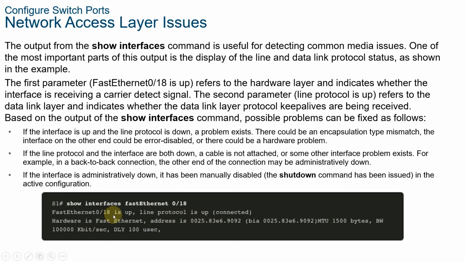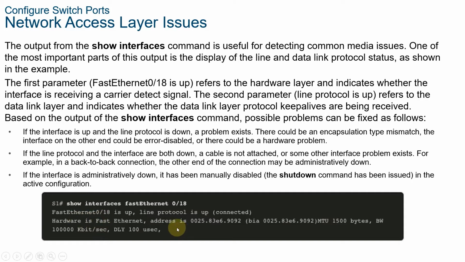Okay, if the line protocol and the interface are both down, the cable is not attached, or some other interface problem exists. For example, in a back-to-back connection, the other end of the connection may be administratively down, or it was not issued a no shutdown command.